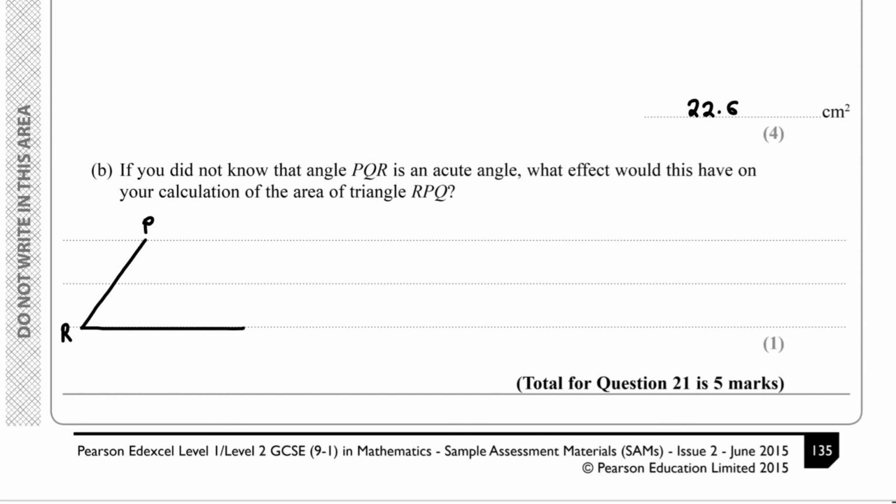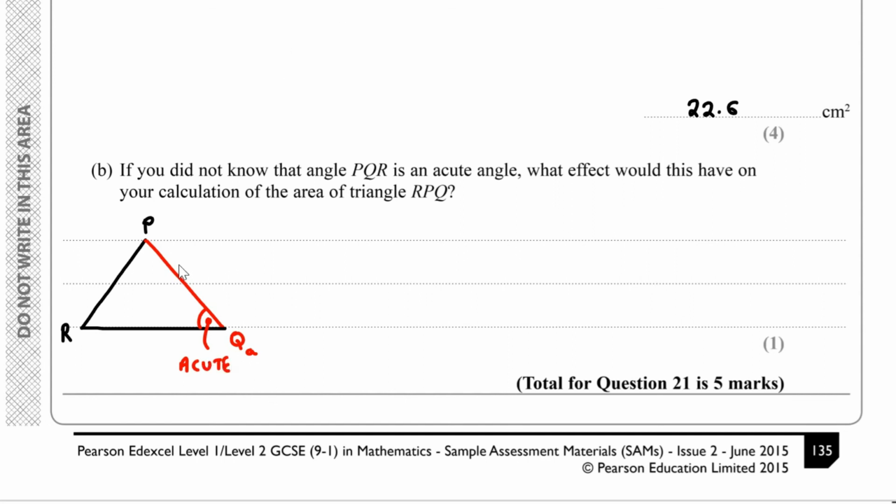then what we have currently from part A is Q over here, and this angle here is acute.